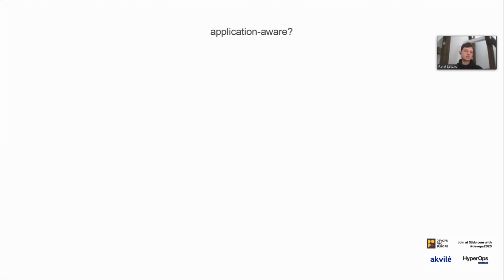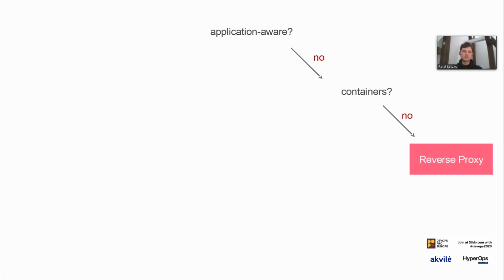So the first question I would ask if I design an application is, does my application need to be aware of the caching? If no, do I run containers? If no, use reverse proxy. If yes, use reverse proxy sidecar as soon as there is a major solution for that.